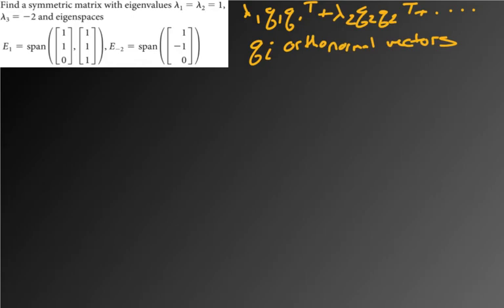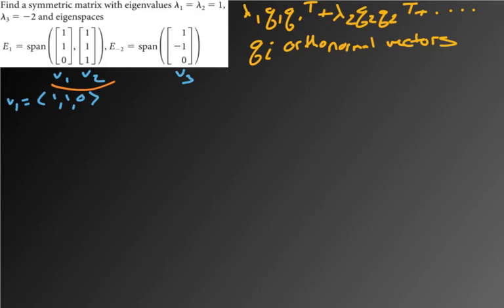So I'm going to call these V1, V2, V3, all right? And when we do Gram Schmidt, we can leave one of these vectors the same. So I'm going to say V1, equaling the vector 1, 1, 0, is the one that I want to just keep the same. And then I'm going to make V2 perpendicular to V1, but it'll still be in the span of E1, the eigenspace for lambda 1 or 2 there.